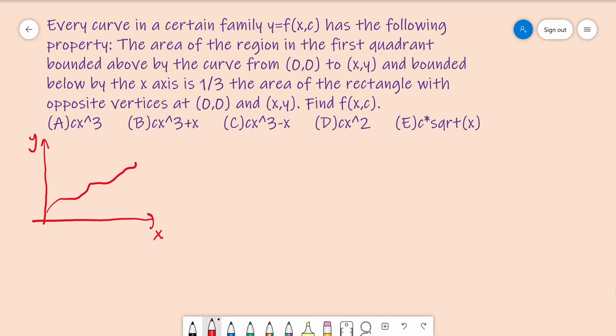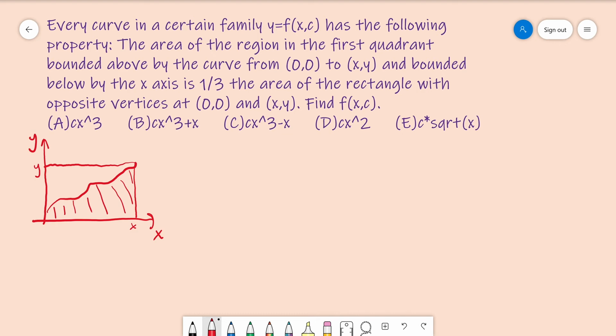And what they're saying is that if you take any point on the graph and you draw a rectangle from 0, 0 to that point, x, y, then the area under the graph is equal to 1/3 of the area of the rectangle.